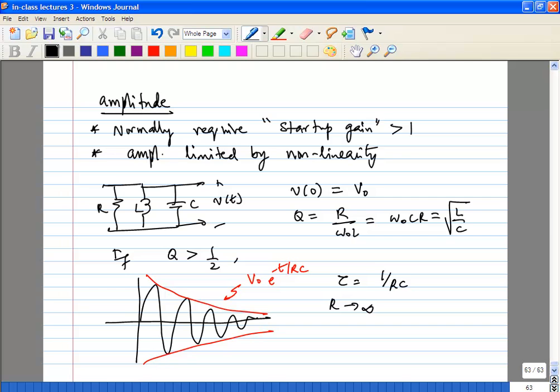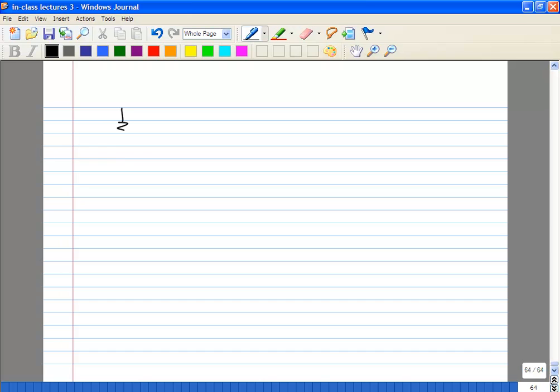As R tends to infinity, tau tends to infinity, which means the oscillations are completely stable. Their envelope doesn't decay at all. And obviously this corresponds to an ideal LC tank, and you already know that. The energy keeps sloshing around back and forth between the inductor and the capacitor.